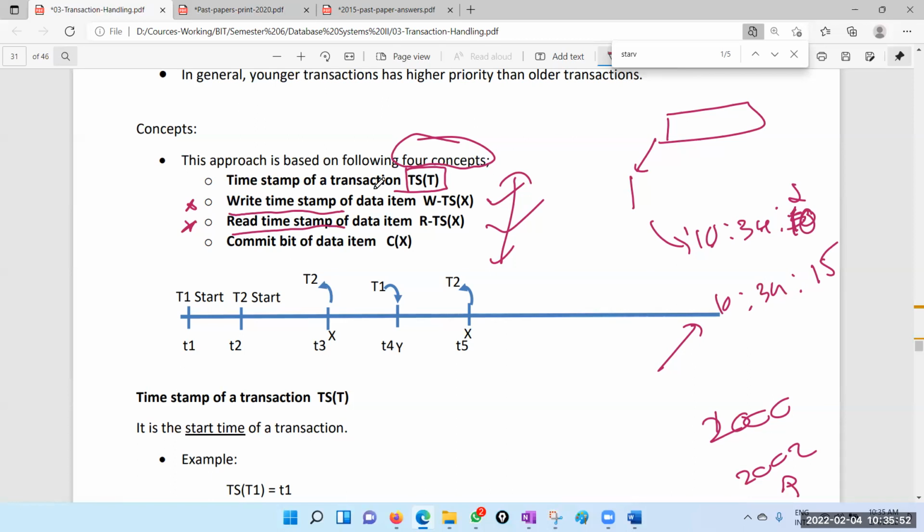Then there's a concept called commit bit. Each data item has a commit bit. The commit bit says whether the last transaction that accessed that data record has committed or not. It's either 1 or 0. Now let's take one by one.